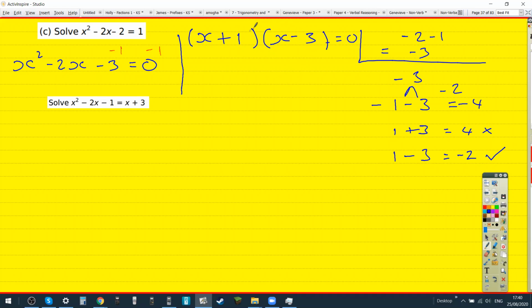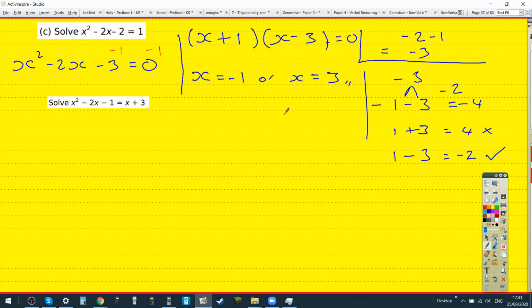Plus 3 would make +4. We needed to make -3. Okay, and solve. Okay, so to make it 0, x will have to be -1, and x will have to be 3.